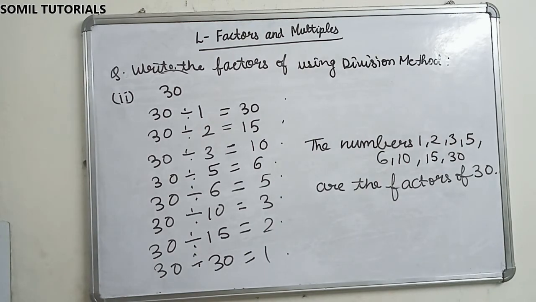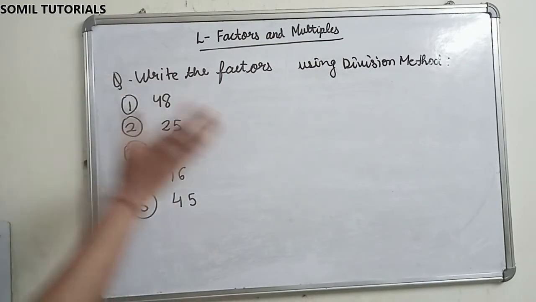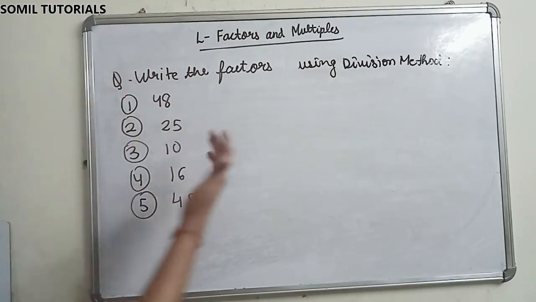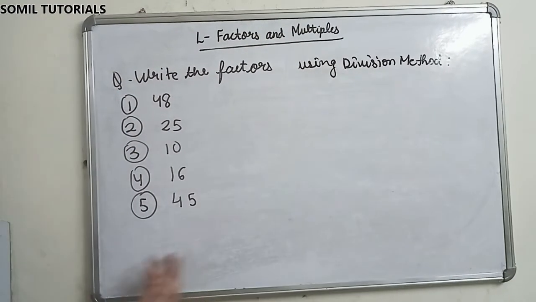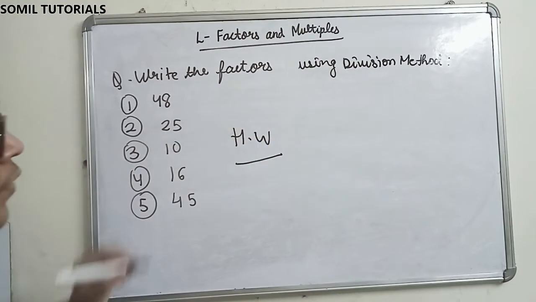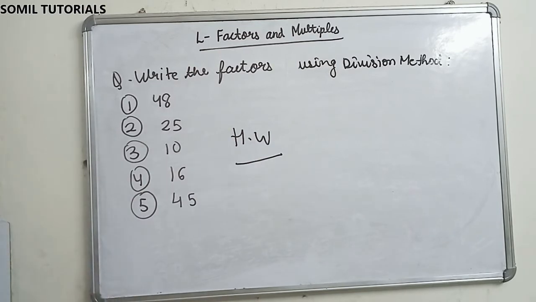Note it down. Okay, these are 5 questions you need to do as homework. Write the factors using the division method. First is 48, then 25, 10, 16, 45. All these questions are your homework, and when you have completed it, you will write down the answers in the comment section of this video.